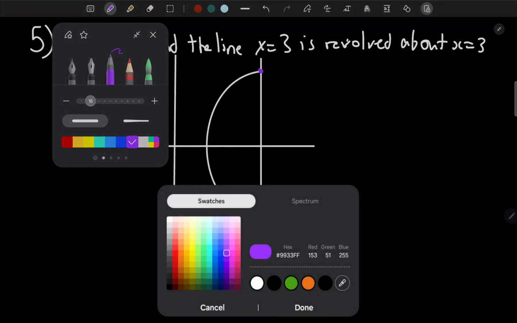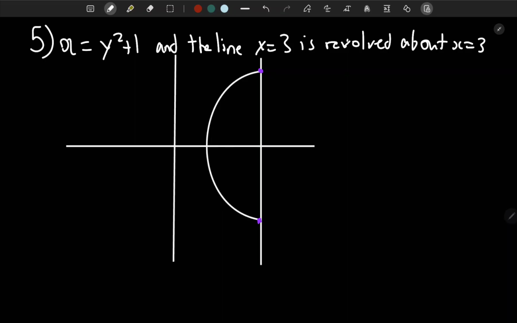And we know that this line is x equals 3, and we are having an intersection with our own curve. So what we can do here is equate these two, right? So x equals 3 and x equals y squared plus 1. So 3 equals y squared plus 1, and then 2 equals y squared, and y is going to be equal to plus minus radical 2, right?